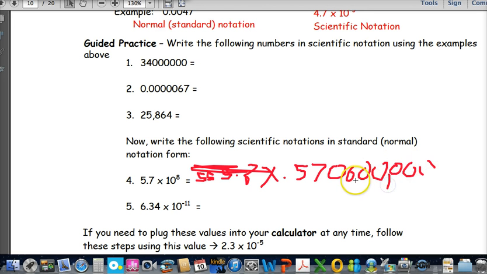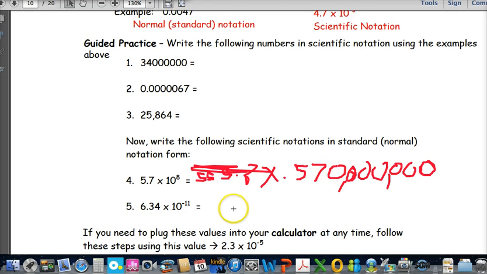So there's a comma, comma. So the answer is 570,600,000. 570 million, that's the answer right there. So you have 1, 2, 3, 4, 5, 6, 7 zeros. Remember the decimal was originally here, but we had to move it 8 places.